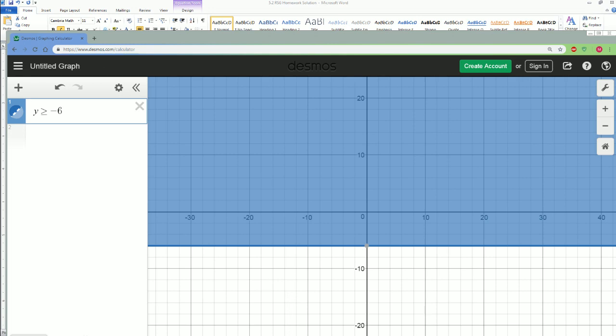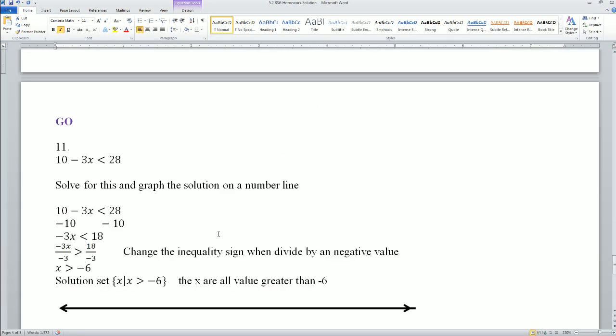Okay? Alright, let's look at the next one. The question in the book is complicated. Again, very simple. Here's the inequality. Solve for x. Subtract 10. I'm going to subtract 10 to both sides to get the variable alone.